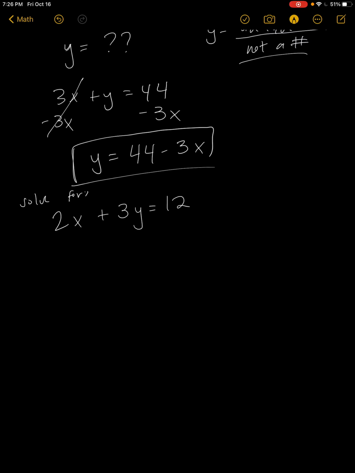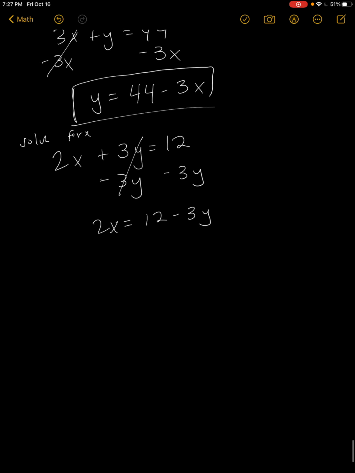Sorry, this one says solve for x. So this time they want me to solve for x. That means I want to get rid of the 3y. Okay, so I get 0 there, and 12 minus 3y on this side. But I want to solve for x, not for 2x, right? I want to end up with x equals something. So I need to get rid of the 2. I'm going to divide both sides.